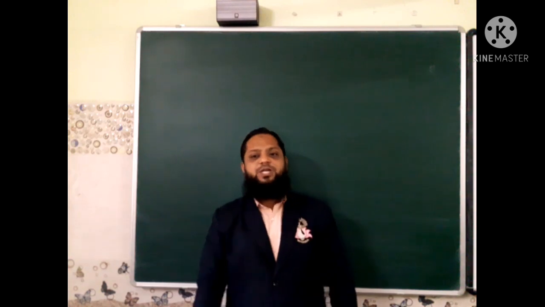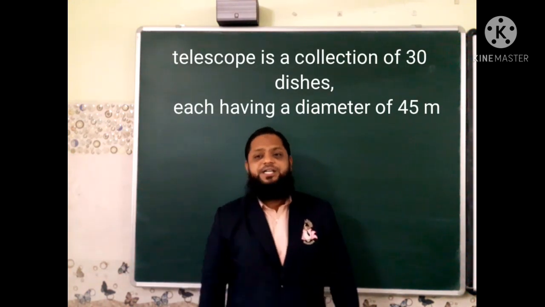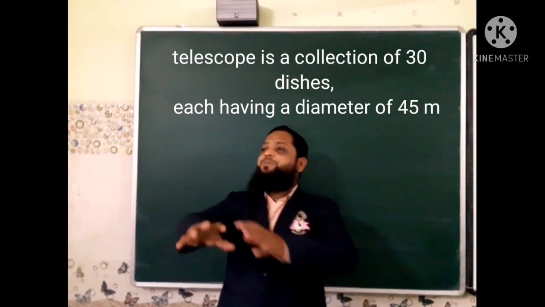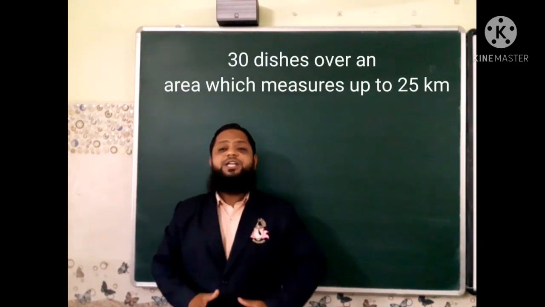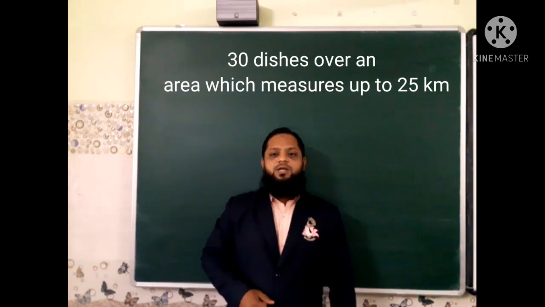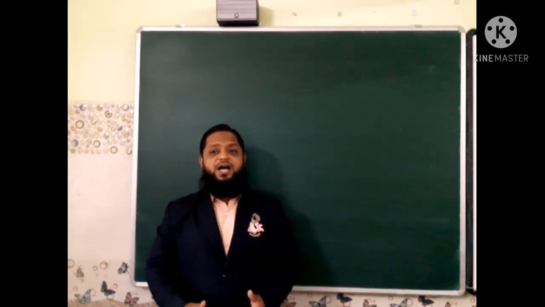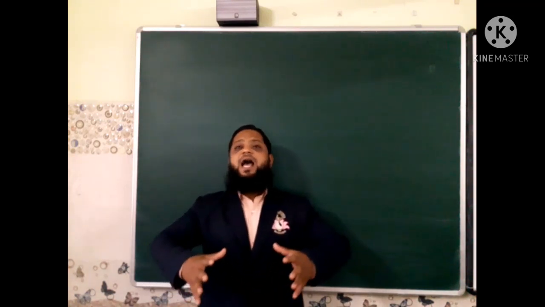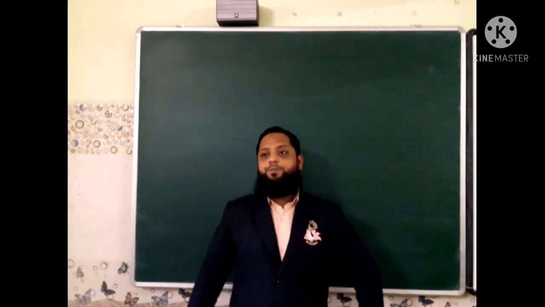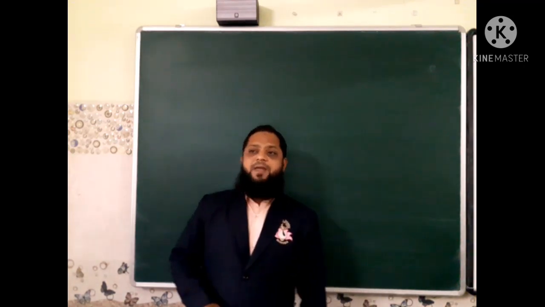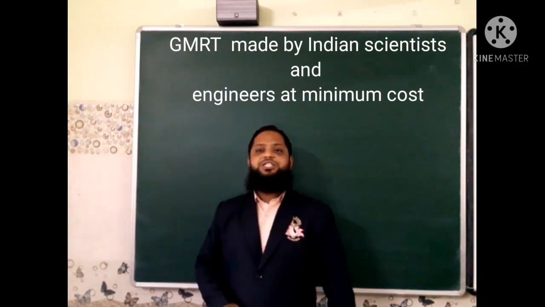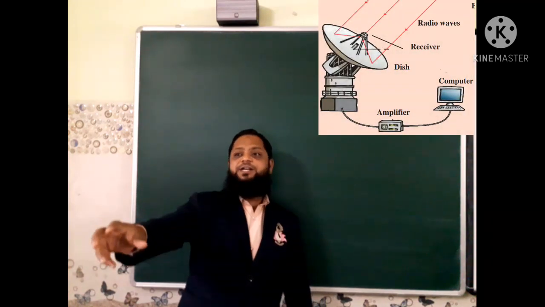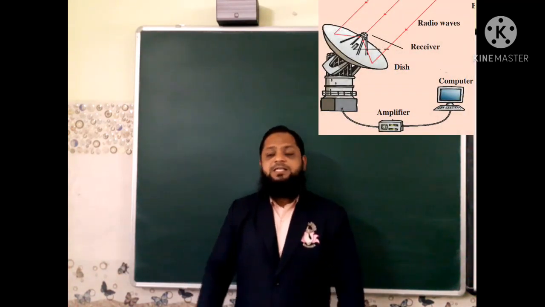The telescope is actually a collection of 30 dishes, each having a diameter of 45 meters, spread over an area of 25 kilometers, in such a way that all 30 parabolic dishes work as a single radio telescope. The radio telescope has been made by Indian scientists and engineers at minimum cost. It is a world standard research facility.